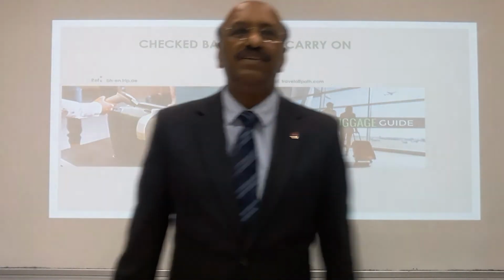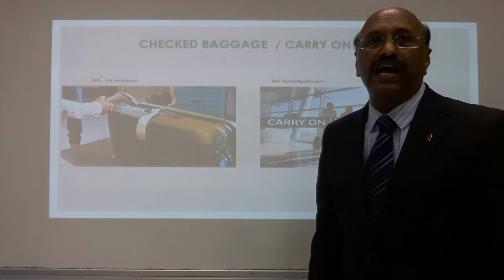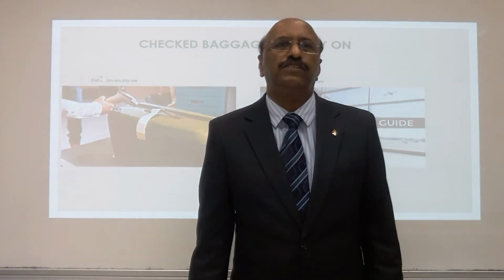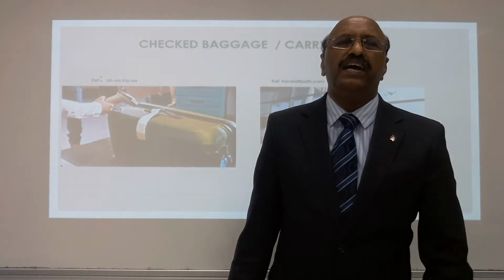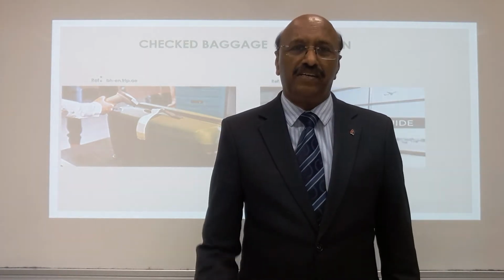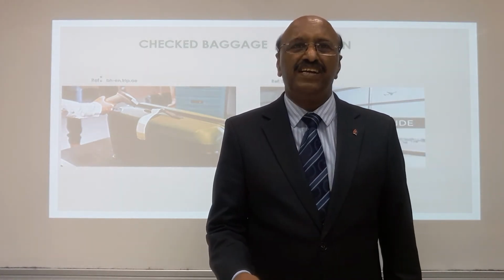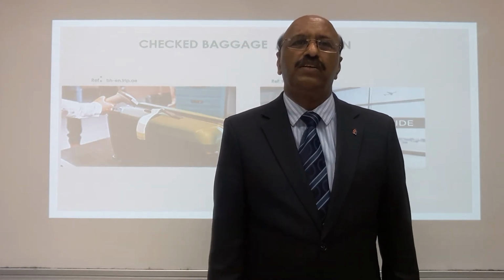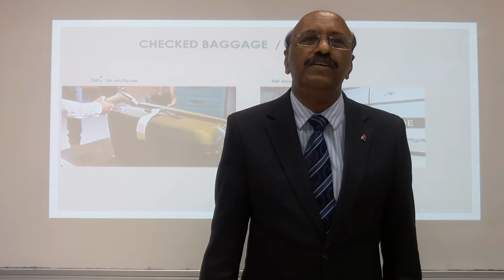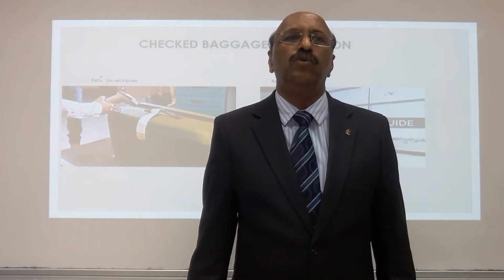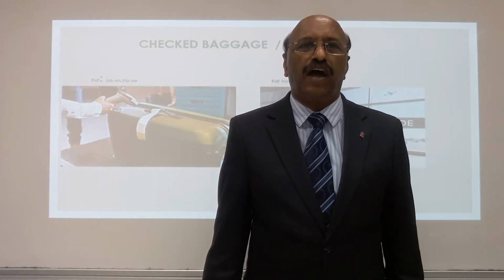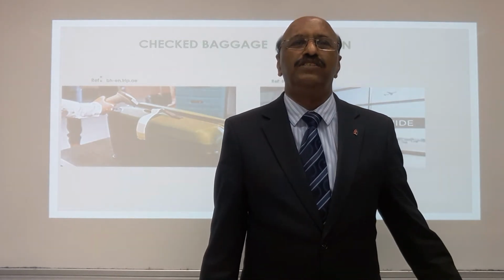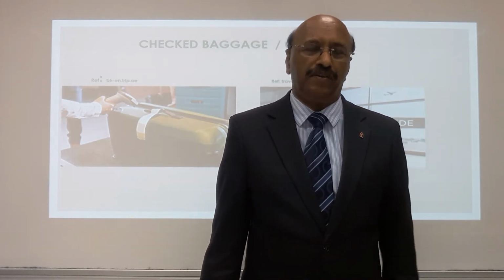Checked baggage and carry-on baggage. This is a term that often confuses passengers. Checked baggage is any baggage that is weighed, kept on the weighing scale, and goes into the aircraft cargo hold, and the passenger has no custody over it during the flight, and it is delivered at the destination at the baggage claim area.